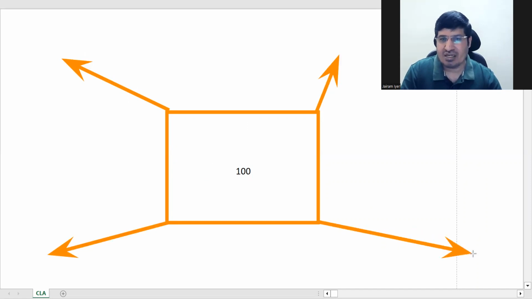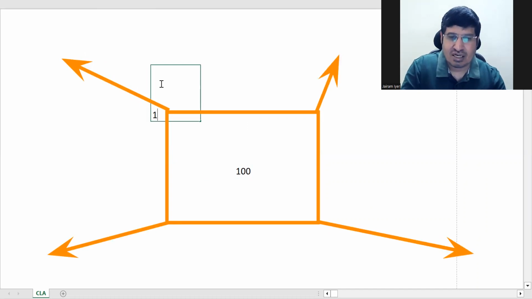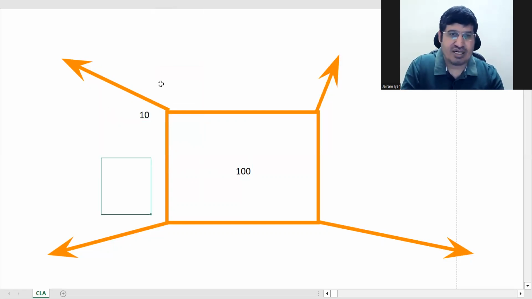Say for sending this, I have to spend, let us say, 10 rupees each. I have to spend that to send it to them.